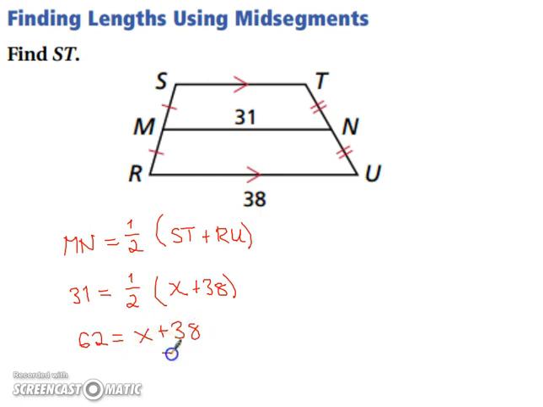To get x by itself, we're going to simply subtract 38 from both sides. And that gives us x equaling 24. And since we used x to represent our ST, ST is in fact 24.